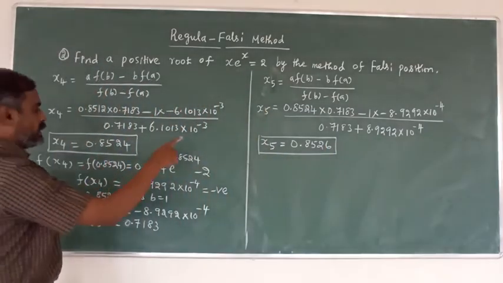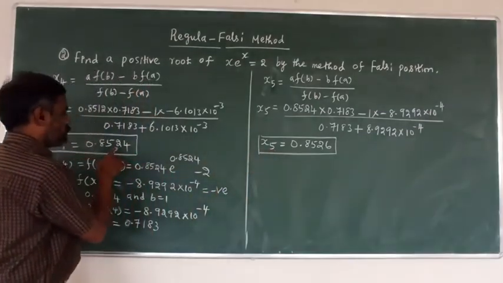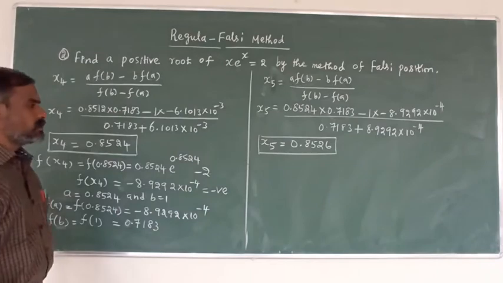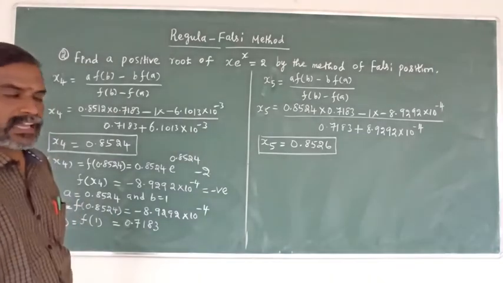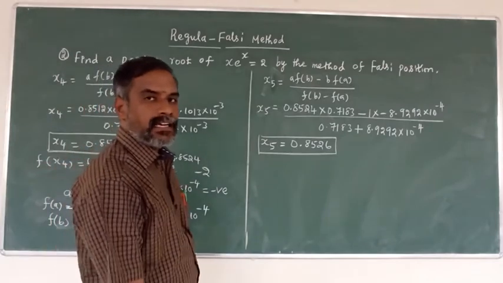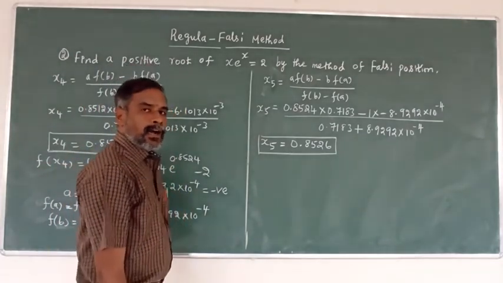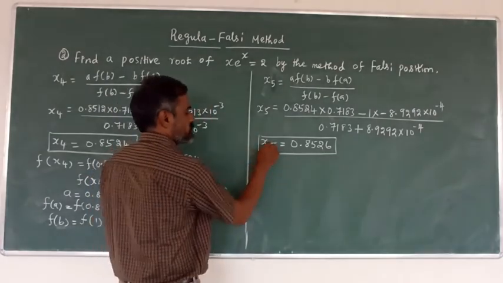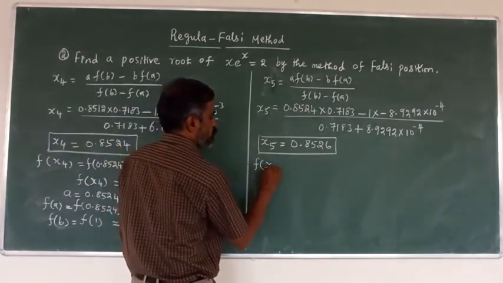x4 and x5. Now to compare these two results, both are not same. Okay, so we have to do another iteration. For that, we have to check this value 0 or not.